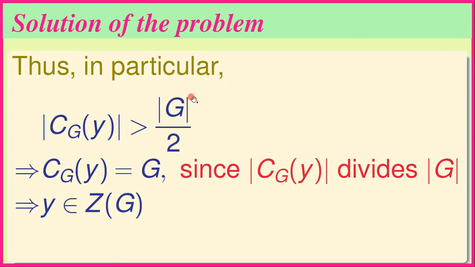But centralizer is a subgroup of G. So by Lagrange's theorem, this order divides order of G, and since its size is greater than G by 2, this size has to be equal to order of G. In other words, centralizer of Y must be equal to G.